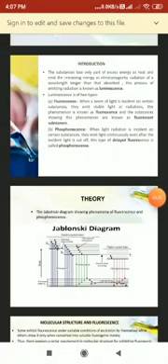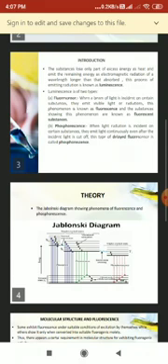Now we have seen the theory of fluorometric analysis: singlet and triplet states. In order to understand the theory of fluorescence and phosphorescence, one has to understand the meaning of singlet and triplet states.